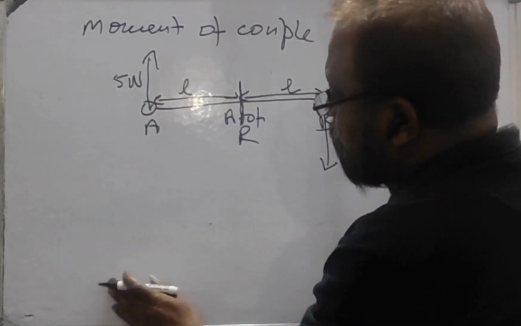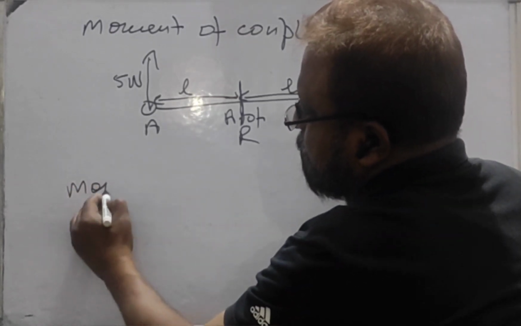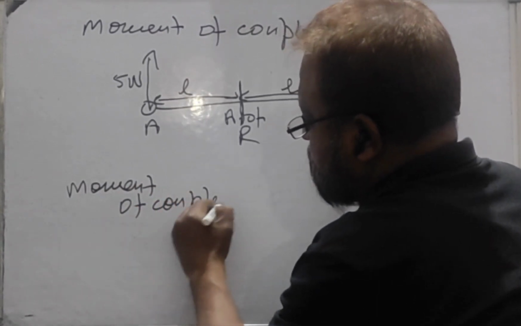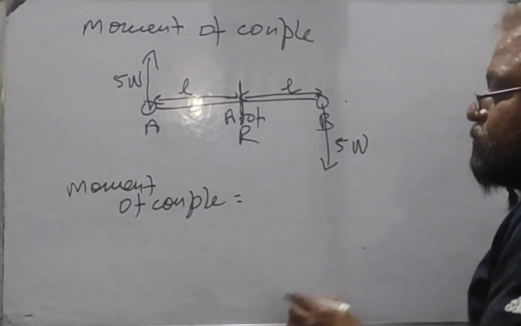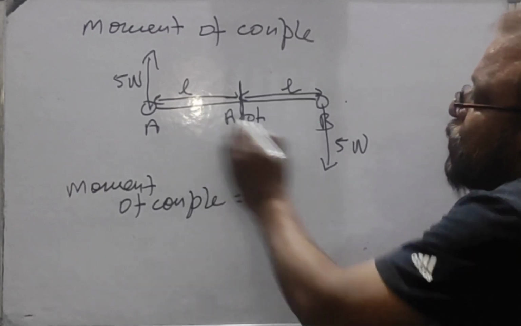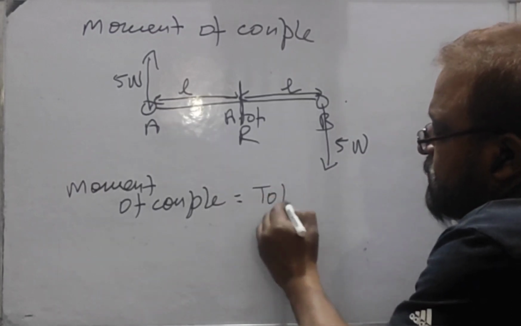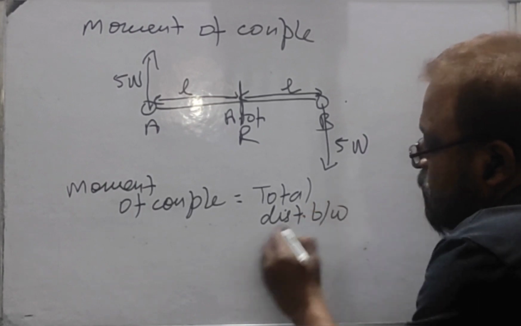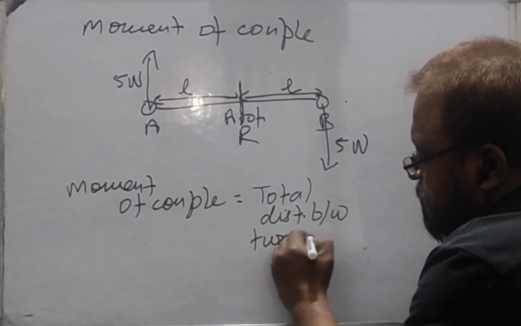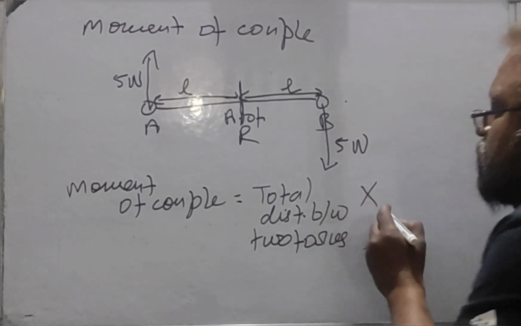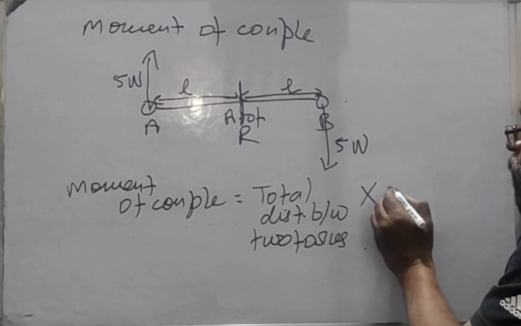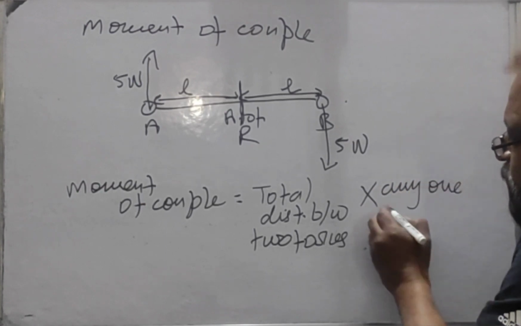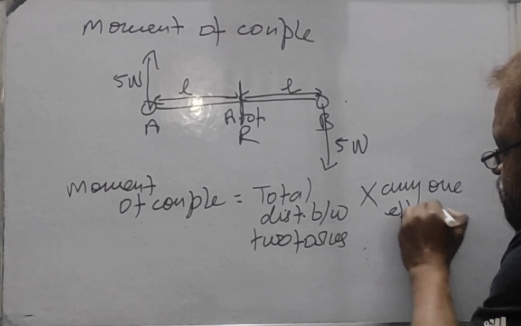So the moment of couple is equal to the total distance between the two forces into any one effective force, right?